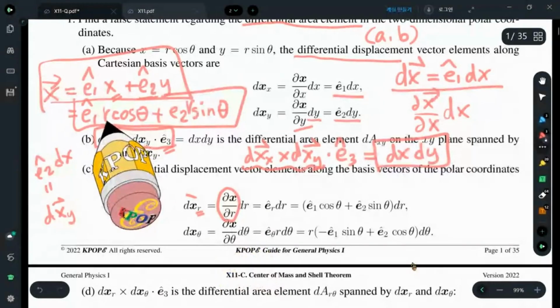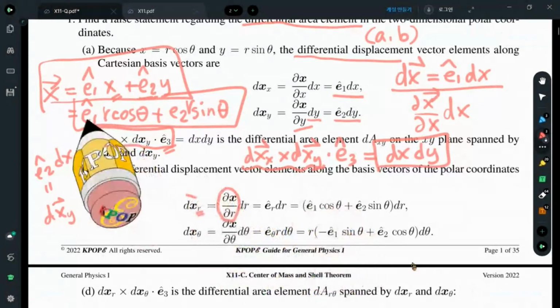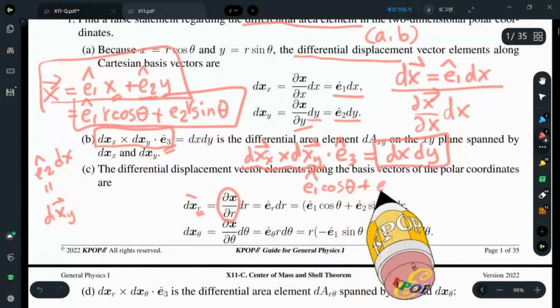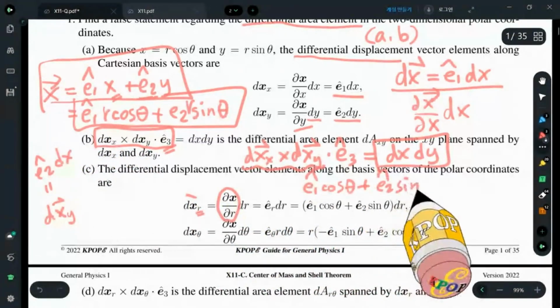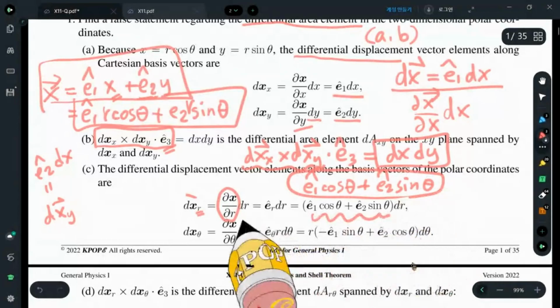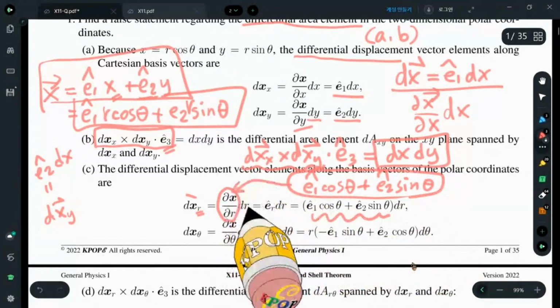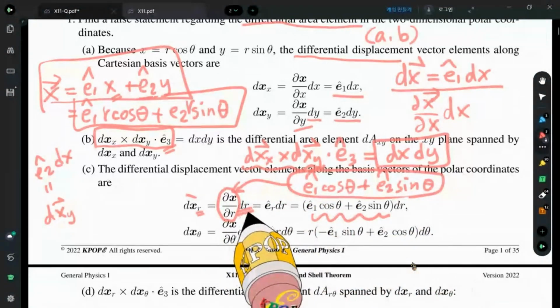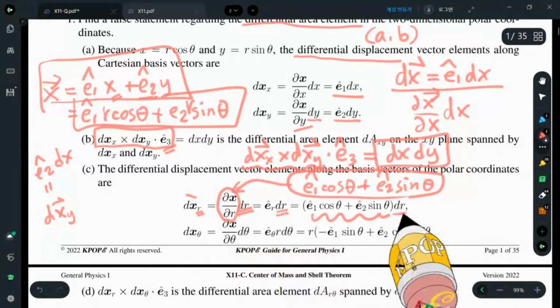If I take the derivative, then what I get is E1 hat cosine theta plus E2 hat sine theta, right? That is the unit radial vector. And this is this. So I have to multiply by the differential of r, dr.